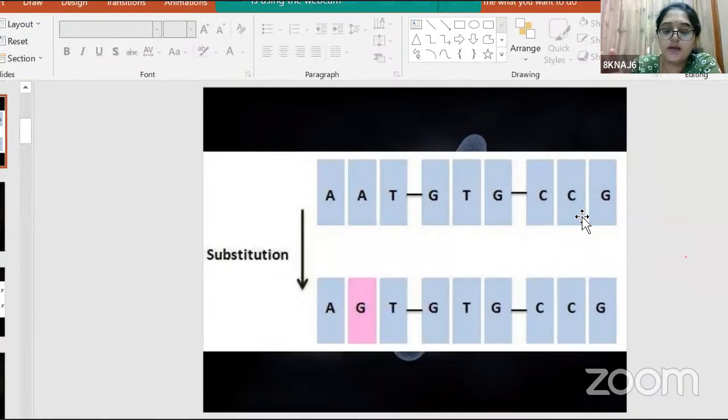So UAA, UAG, UGA are all stop codons. Please don't get confused. So if a stop codon comes, instead of further protein synthesis, the synthesis is stopped altogether, because of which you do not have a further protein. So this kind of mutation is seen in cystic fibrosis.